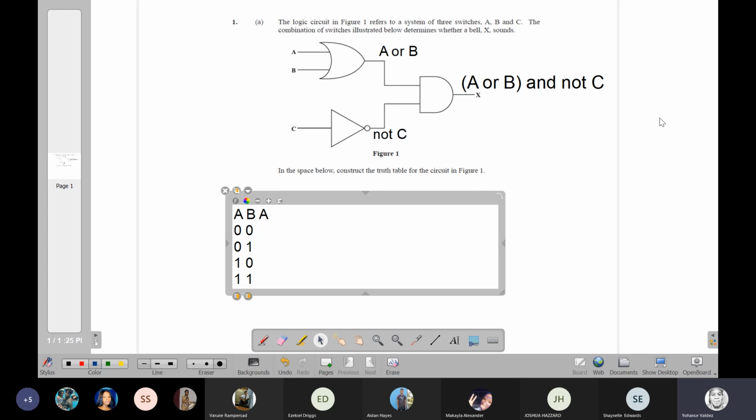So we're doing A or B as an expression. And if we're doing A or B as an expression, then 0 or 0 will give us 0. Right? 0 or 1 will give us 1. 1 or 0 will give us 1. 1 or 1 will give us 1.